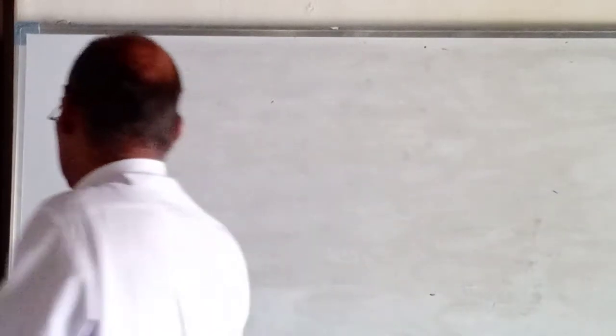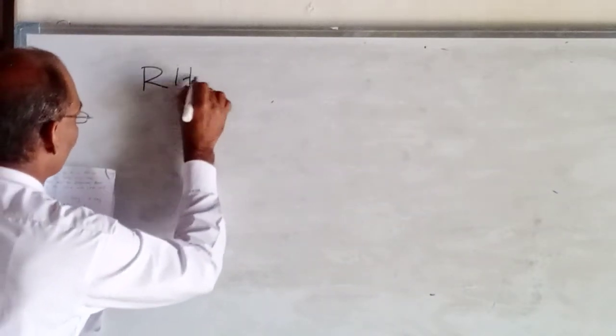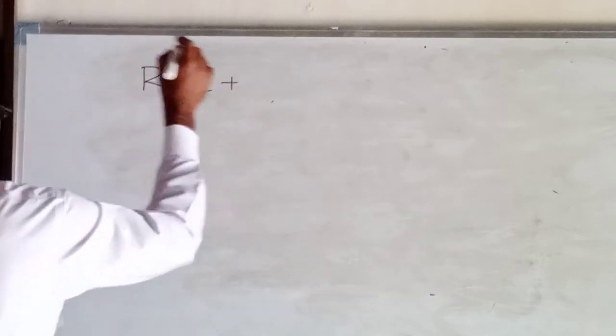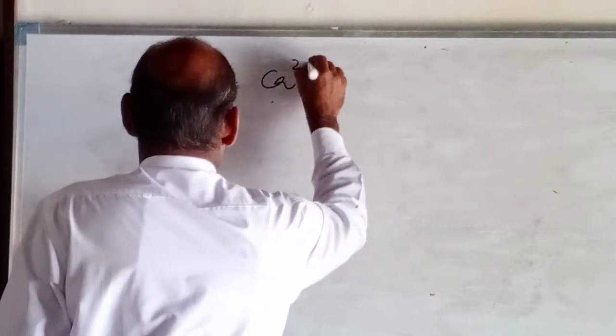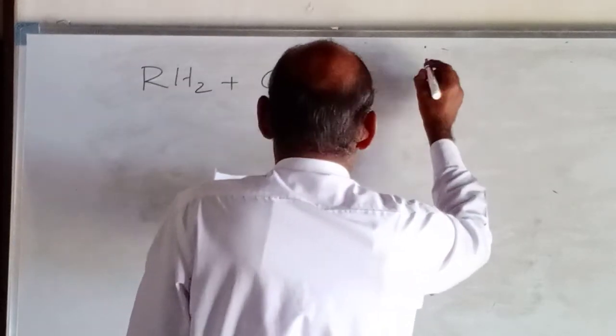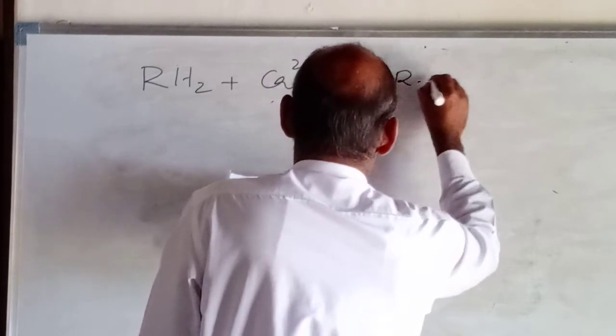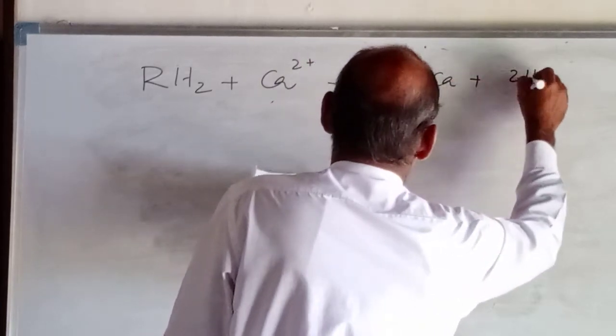So we can write the equation. Ion exchange resin, that is RH2, can replace Ca2 plus ions from hard water. Therefore, we will get RH2 replacing Ca2 plus to form RCa, then we will get 2H plus.